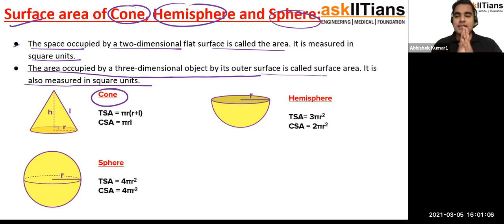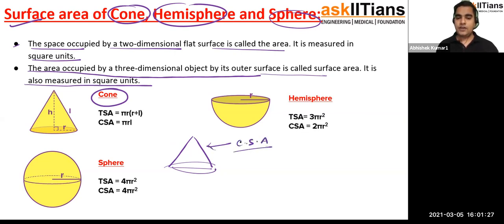Let's say this is your birthday cap. What is the area which is occupied by this birthday cap? The area occupied is this curved part. The area occupied by this curved part, we call this CSA. CSA stands for curved surface area.